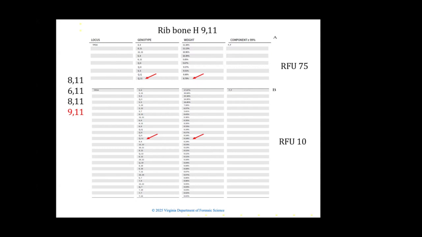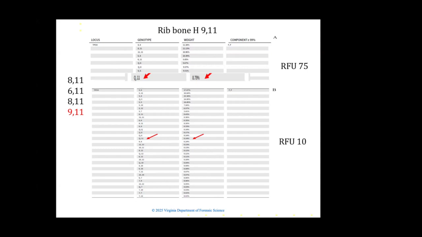Remember, rib bone H is a 9,11 at TPOX. So it's got the Q placeholder and a Q,11, and it gave it a genotypic weight of 8.79%.